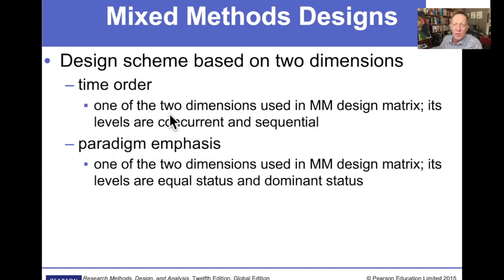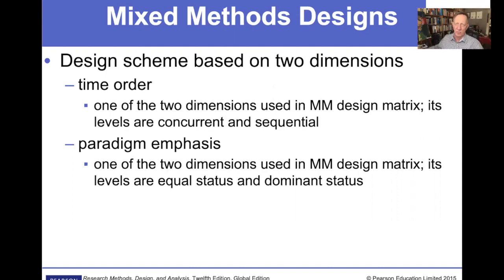The time order is one of the two dimensions used in the mixed methods design matrix. Its levels are concurrent and sequential. So you can do quantitative and qualitative together or one after the other.